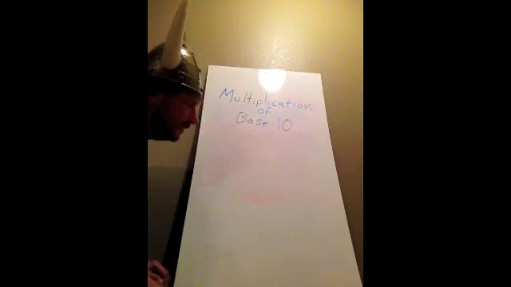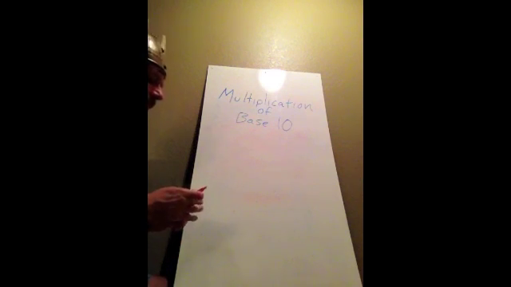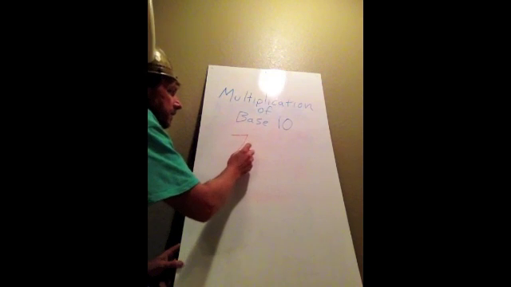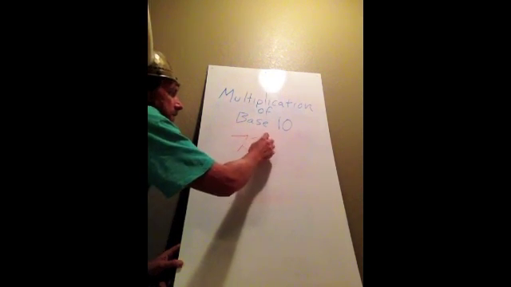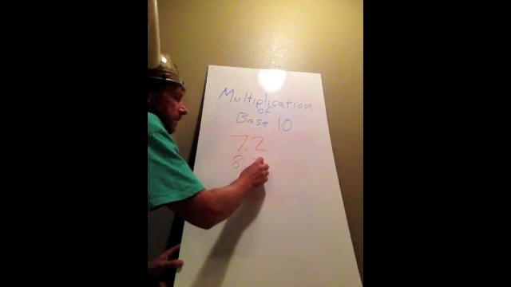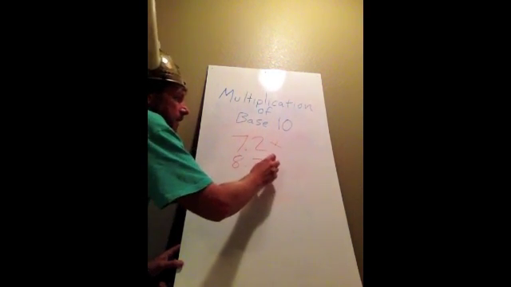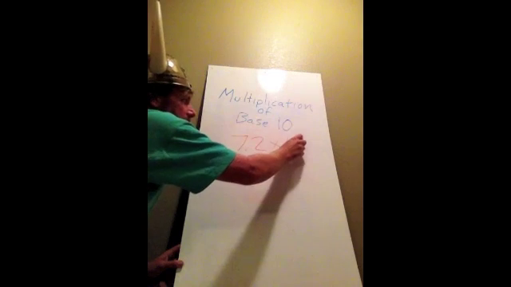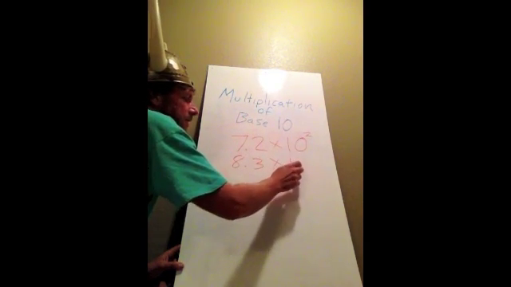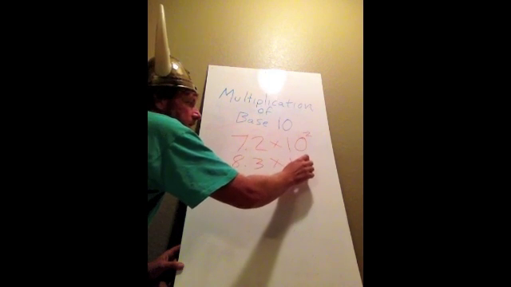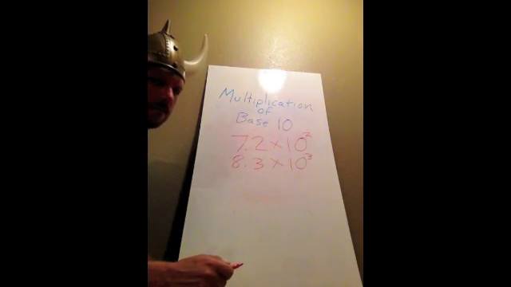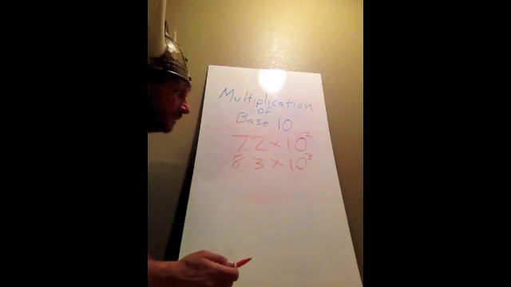All right, so let's try it again. Let's go 7.2 times 8.3, and let's go ahead and put some base 10 numbers on here. We'll go 10 to the second and 10 to the third. Now, you're thinking, why is this easier to multiply this way?